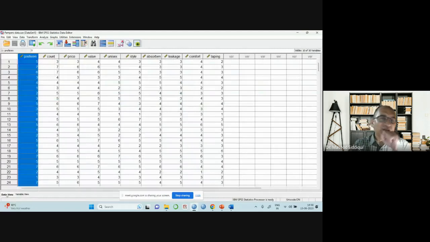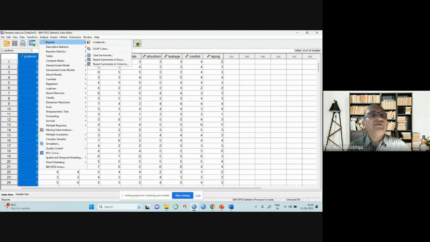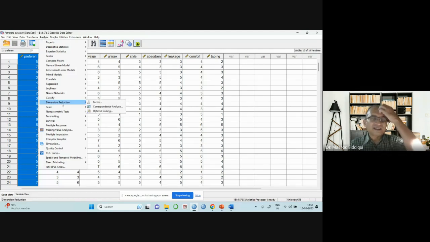Okay. First I am explaining how we run it. Then we again come to the concept of factor analysis. As all of us who have used SPSS know, all the analytical tools are available under the drop menu of Analyze. So we click Analyze, then we go to Dimension Reduction.